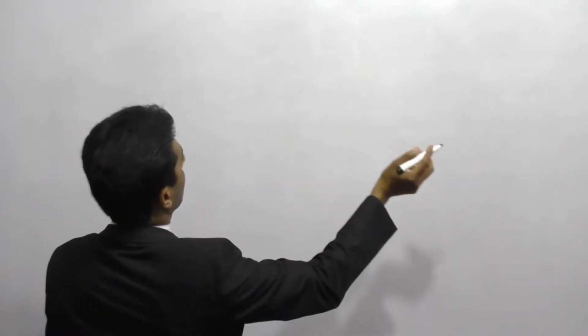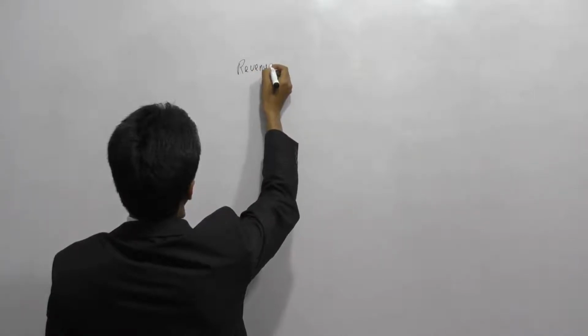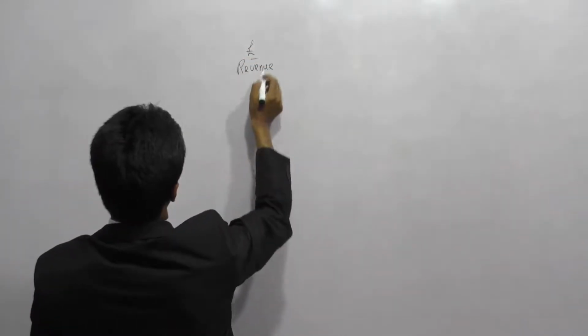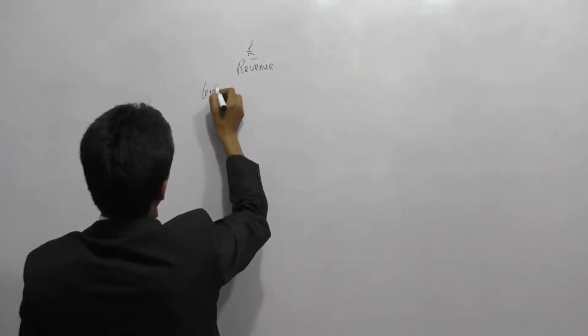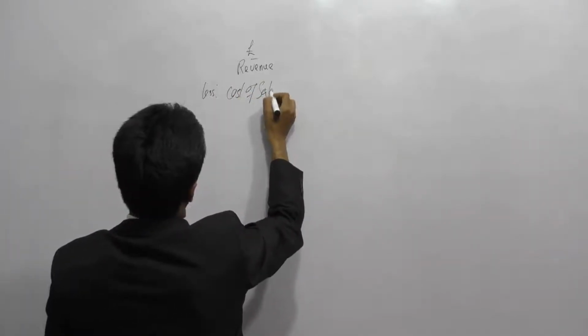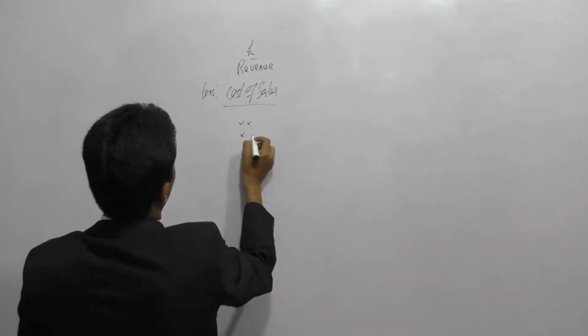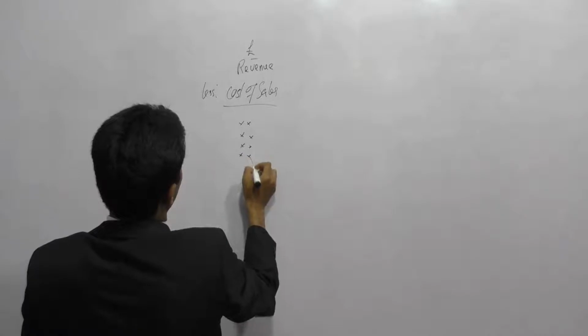So actually I will show you on the board as well. This is what we used to do in our accounting studies. We used to take our revenues, then deduct the cost of sales, and under the cost of sales there were lots and lots of expenses.